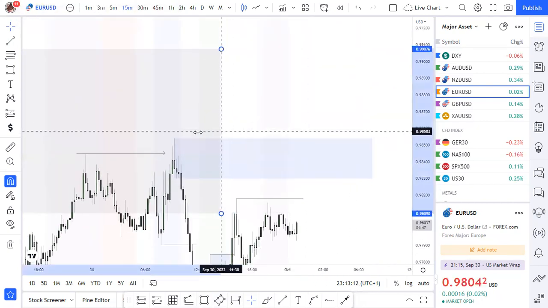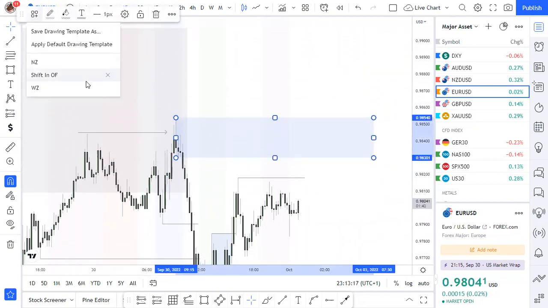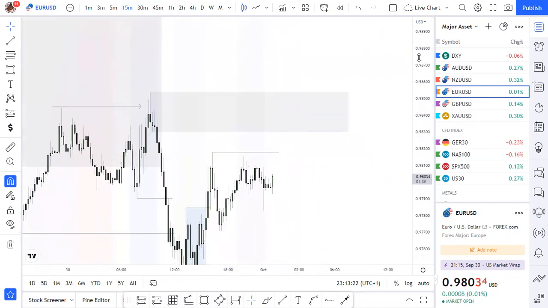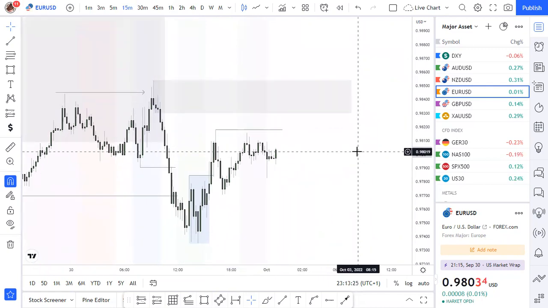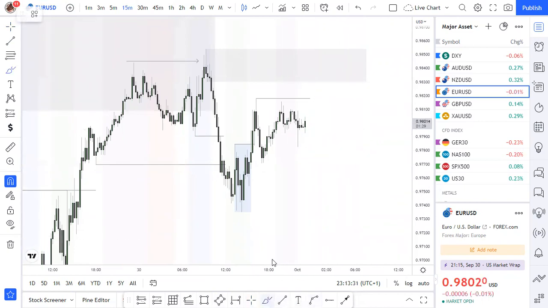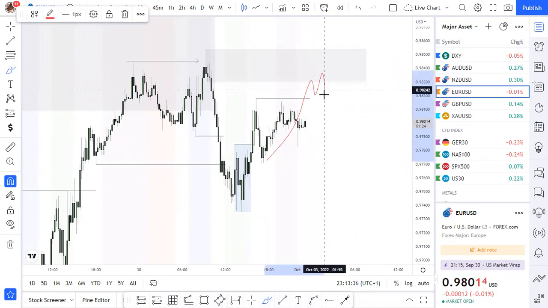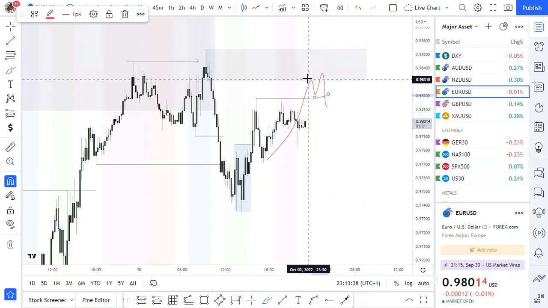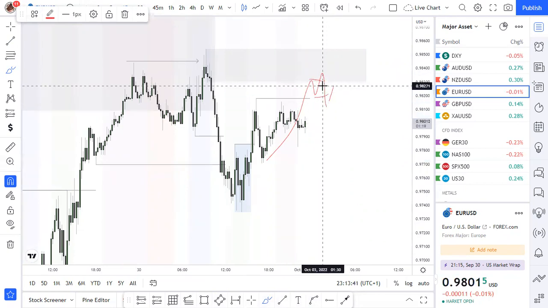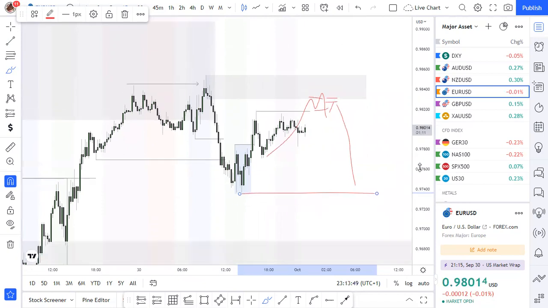So if price should tap into this supply range here, and we start getting some kind of bearish order flow on the 15 minutes, then we can probably say that the 15-minute time frame might be pushing orders. If we get price pushing into this zone and then giving us some kind of shift in order flow here, then we can look for sales within the supply zone on the 15 minutes, and then on the 1 minute, and then we just look to target this low, and then we'll see how it goes from there.